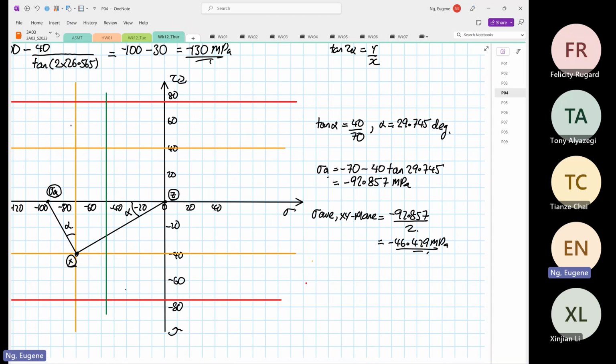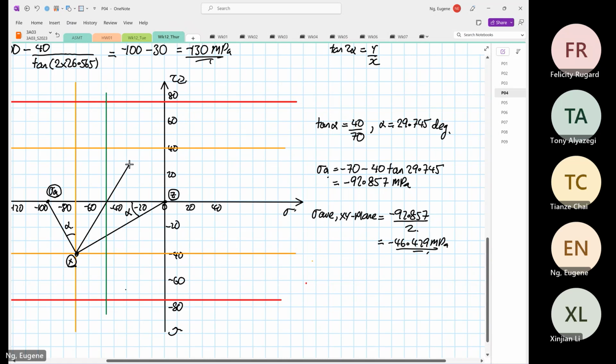Oh, I'll use a different color. Right there. So we know that over here, this is our point O, right? There is our point O. Then when we are done with this, right, we know our stress average.